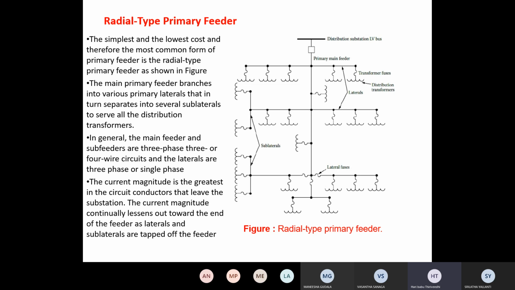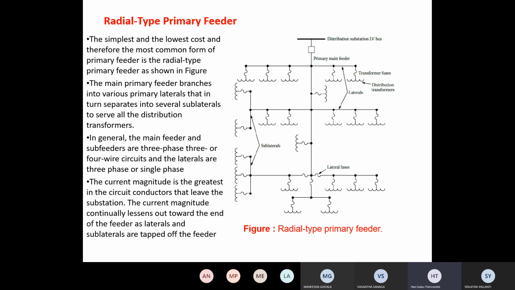Simple and lowest cost, and therefore the most commonly used primary feeder is the radial type primary feeder. Ten minutes ago, what were the advantages of the radial distribution system? Simple and economical, low initial cost. So because of this, the most common type of primary feeder is the radial type primary feeder.